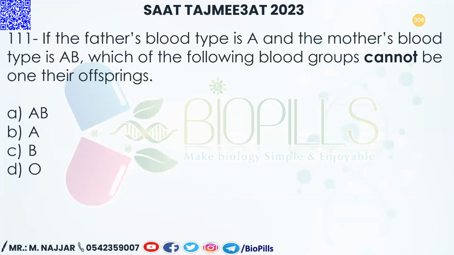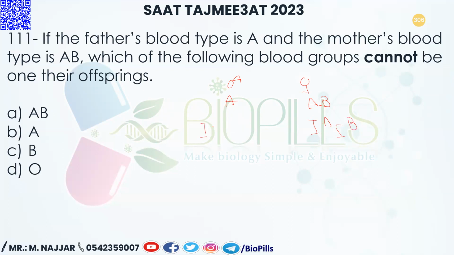If the father's blood type is A and the mother's blood is AB, which of the following groups cannot be one of their children? No way to be O, because the father is A and the mother is AB. AB is only IA capital, IB capital. This is a genotype.